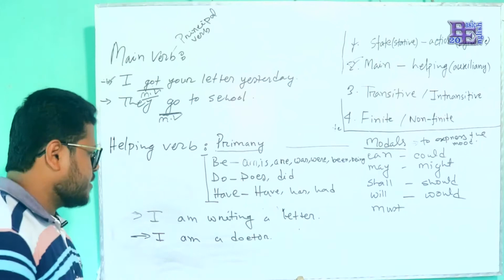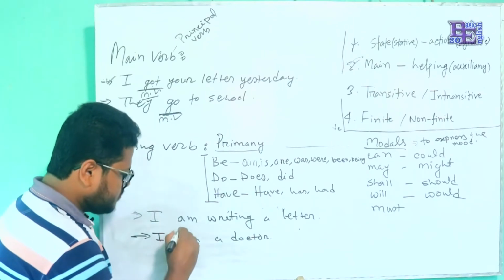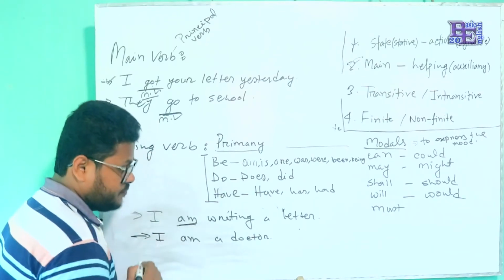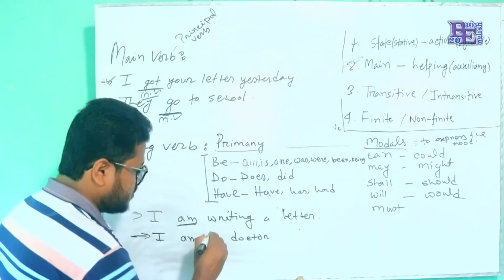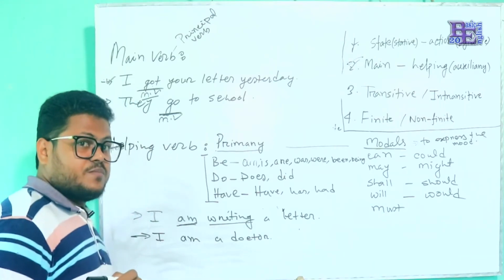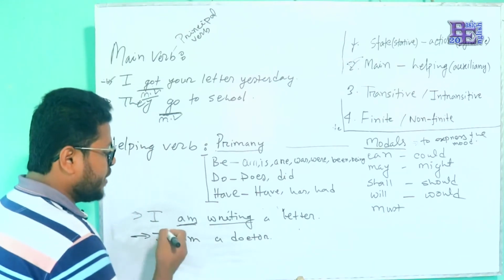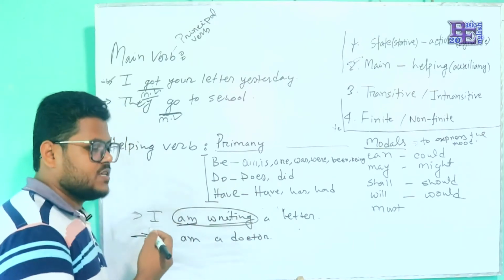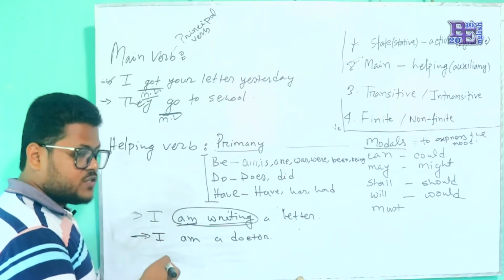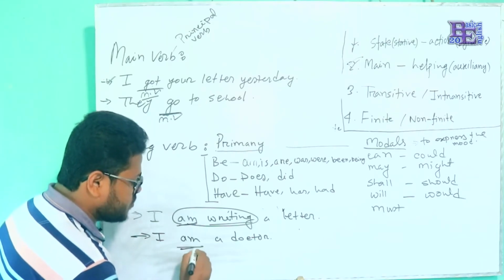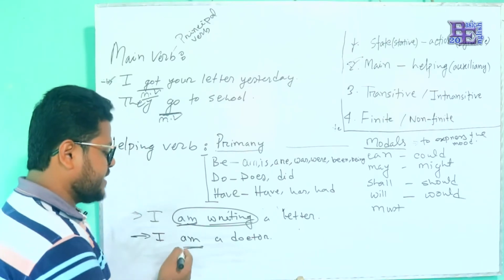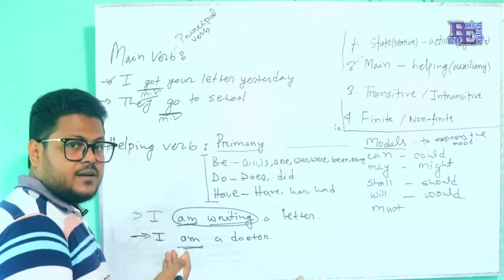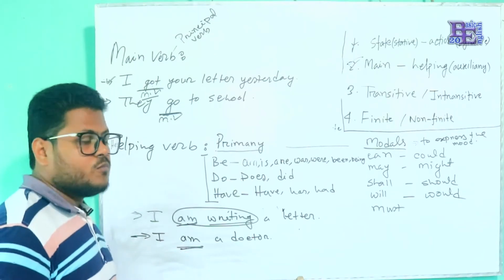Here in the first sentence you can see that am is a helping verb, writing is a main verb. So we are getting the combination of helping verb and main verb in the same sentence. And in the next one you can see am. There is no other verb, only one verb, that is am. So am is the special form of be.